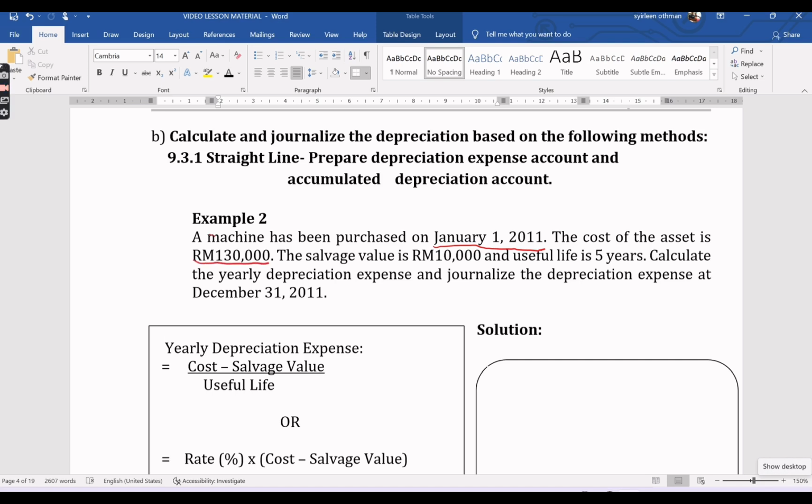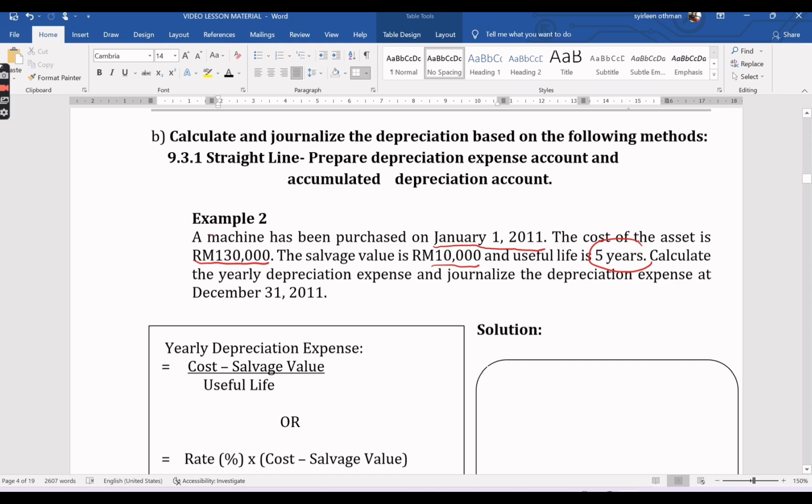The salvage value, which certain books call residual value, or in BM, as you learn in school, nilai sisa, is 10,000, and the useful life is 5 years. We are supposed to calculate the depreciation expense for the year 2011.